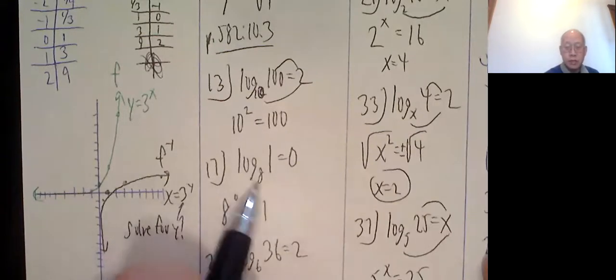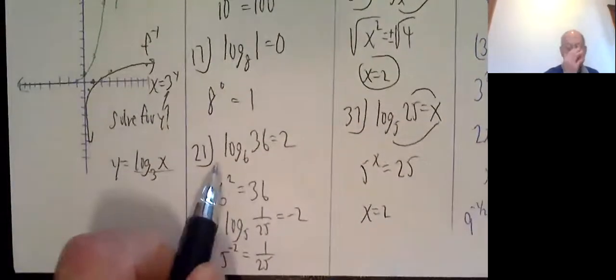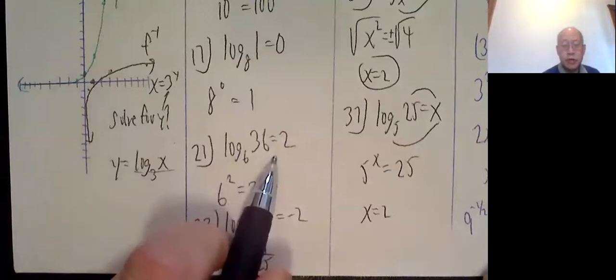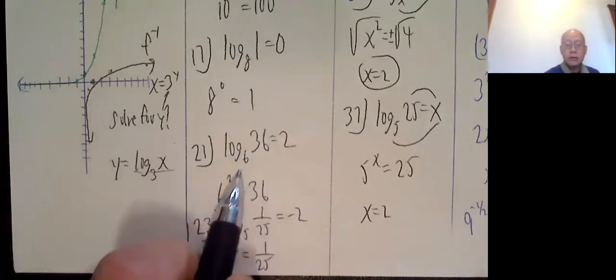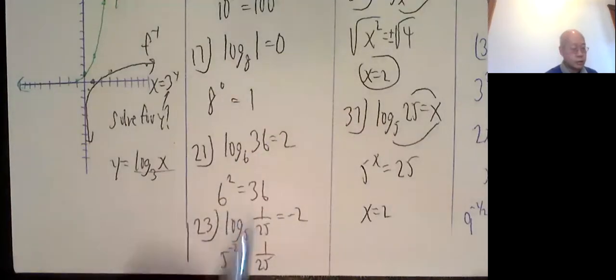Start with the base, across the equal sign for the exponent, come back in for the result. 21, log base 6 of 36 equals 2. Write it without the log. Base is 6, exponent is 2. Come back in for the result, 36. Okay. 23, log base 5 of 1 over 25 equals -2. 5 raised to the -2 equals 1 over 25.